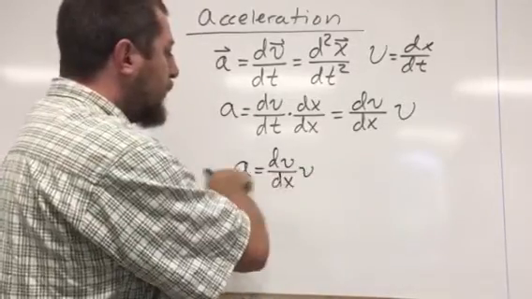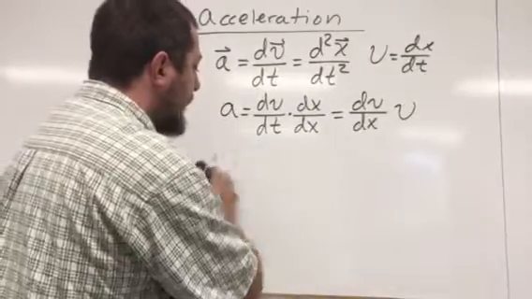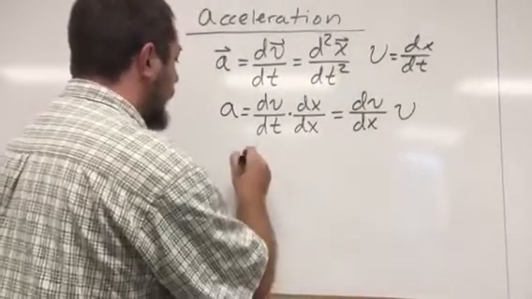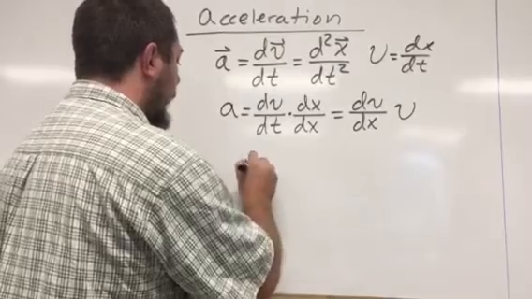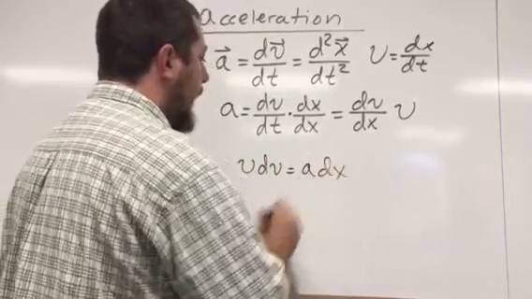what I need to do is multiply both sides by dx. And if I multiply both sides by dx, I'm going to switch everything around so I'll get my velocities on one side. I'm going to get v dv equals a dx.